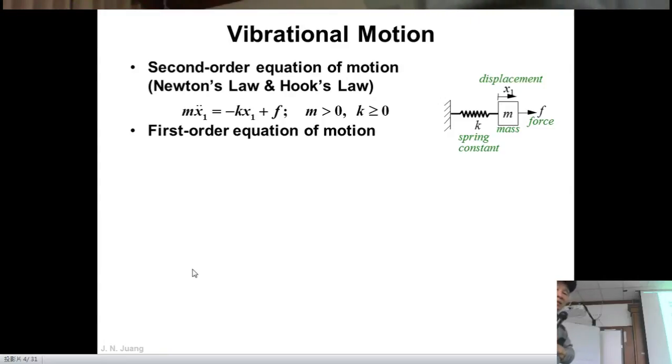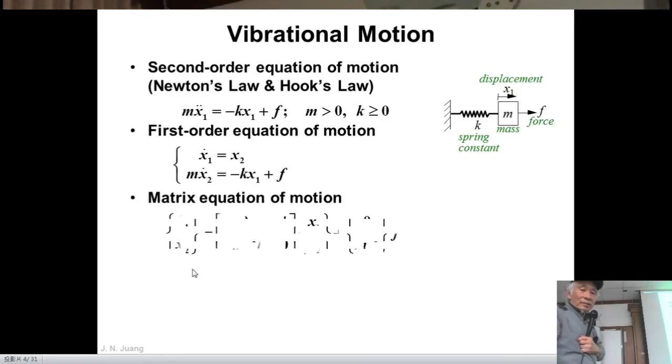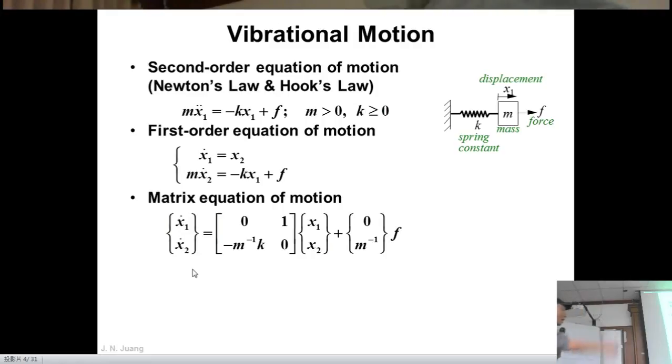Okay, let us look at the first order equation of motion. Now I have x1 dot equals x2, m x2 dot equals minus k x1 plus f. In matrix form, x1 dot, x2 dot equals the matrix [0, 1; minus m inverse k, 0] times x, plus [0; m inverse] times f.